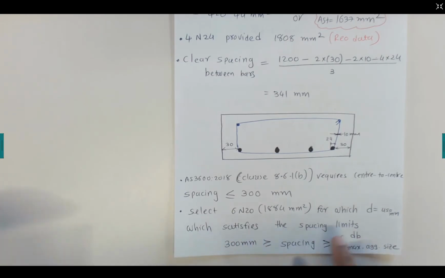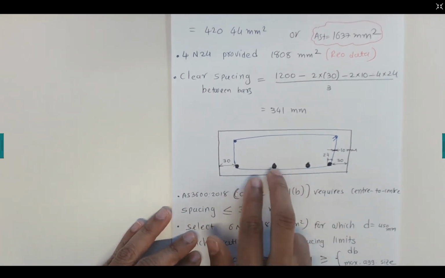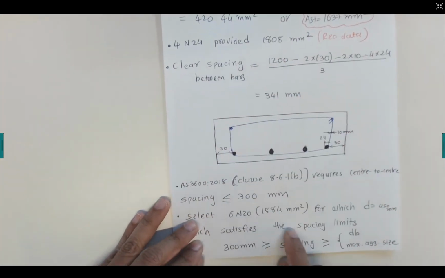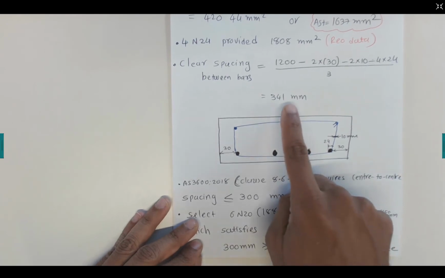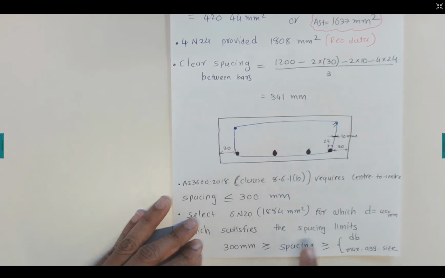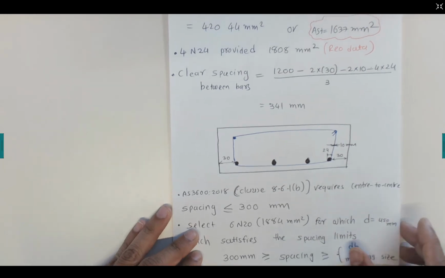If you repeat the whole process again for N20 bars, with small d of 450 millimeters, it will give you a spacing less than 341, which satisfies this condition. Spacing should be less than 300, but should be greater than db and the maximum aggregate size.